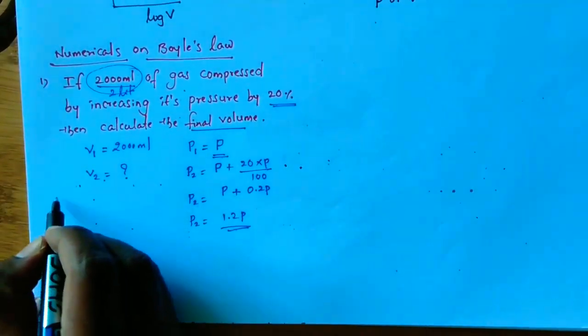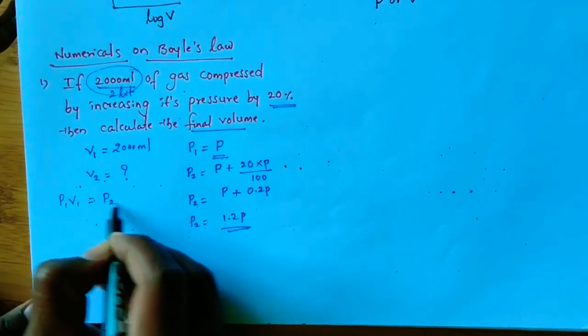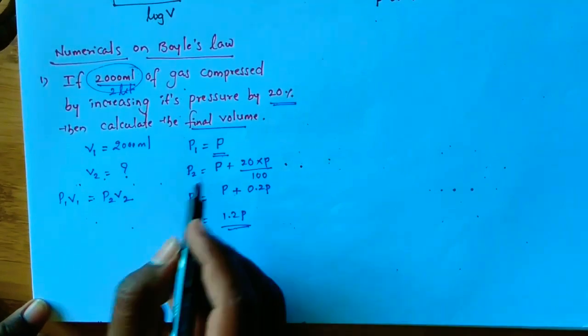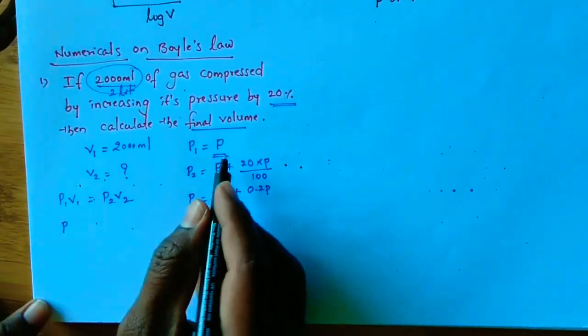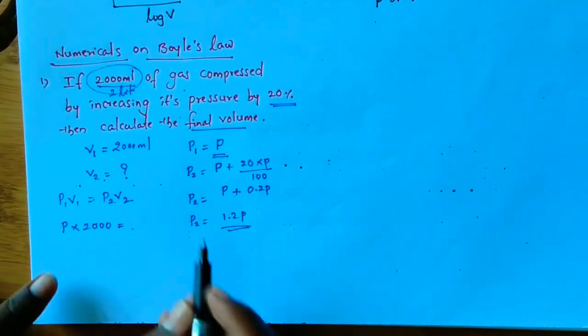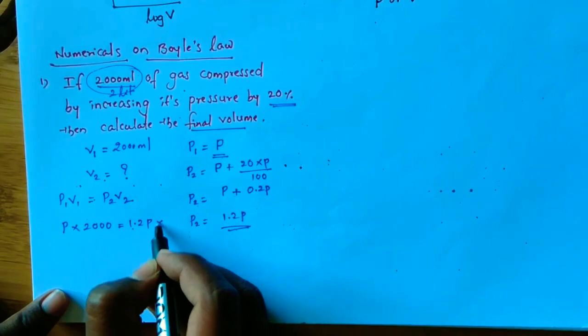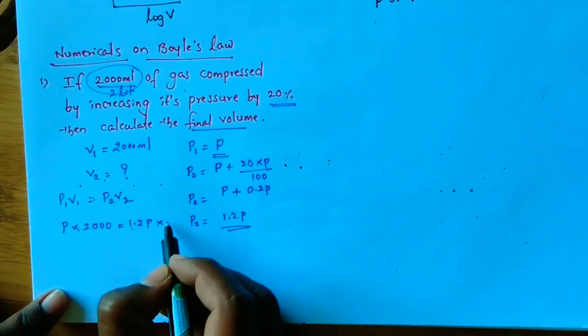Now substitute here. We know the relation P1 V1 equals P2 V2. What is P1? P. What is V1? 2000 ml. What is P2? 1.2 P, into V2, the final volume.